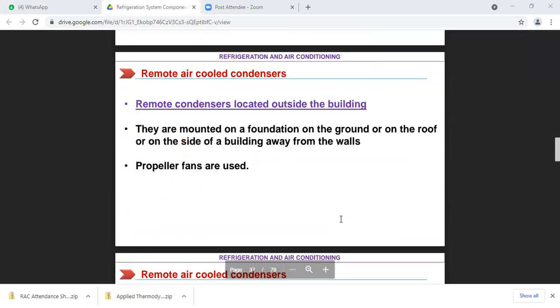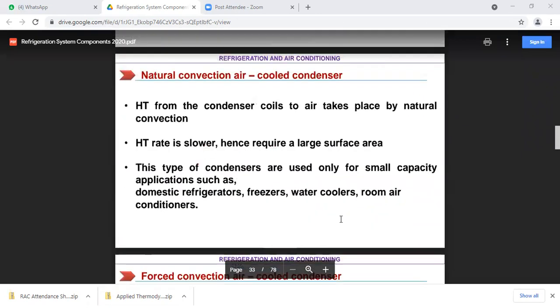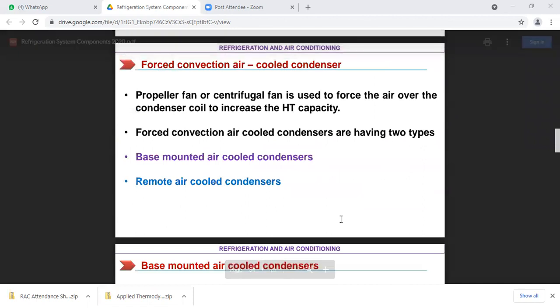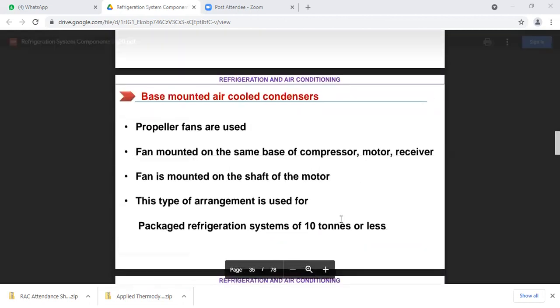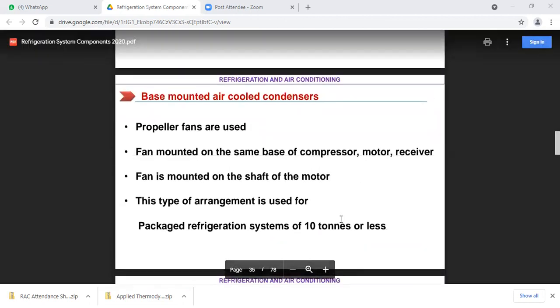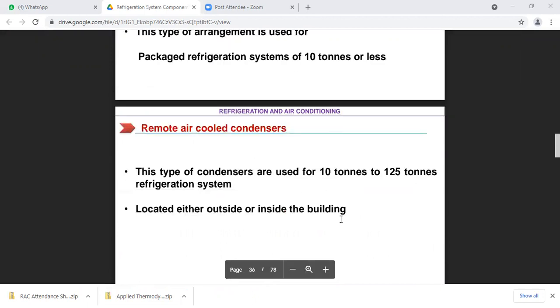So centrifugal fans are used in the remote air cooled condenser. Keep in mind, the air cooled condenser we classify into natural convection and forced convection. And forced convection we again classify into the base mounted air cooled condenser and the remote air cooled condenser. In the base mounted air cooled condenser, the fan is mounted on the same base as the compressor, motor, and receiver.